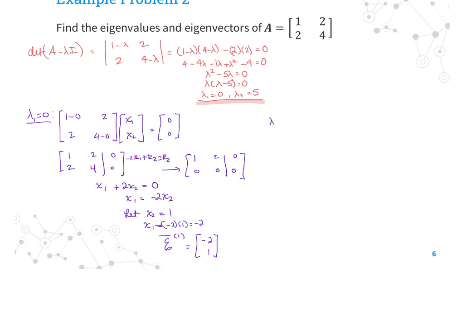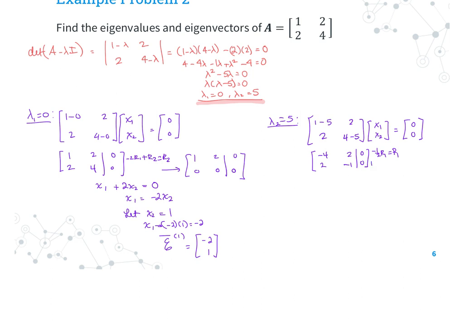Let's see what we get when we look at our second eigenvalue, that's 5. Well, we would get 1 minus 5, 2, 2, 4 minus 5, times x1, x2, equaling 0, 0. Or we get the augmented matrix negative 4, 2, 2, negative 1, and zeros. We do have to do a little extra work this time, because we're going to have to say negative 1/2 row 1 equals our new row 1.